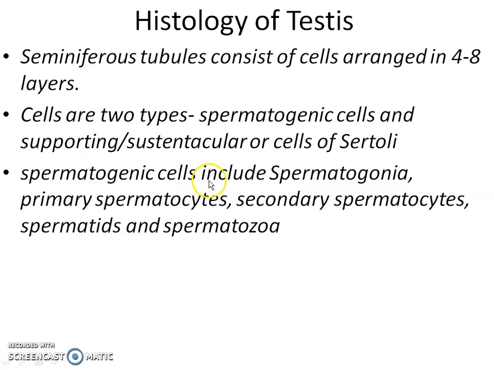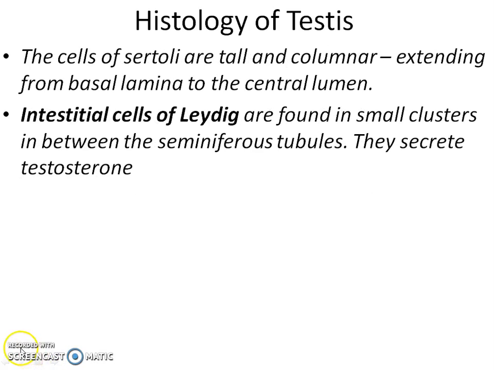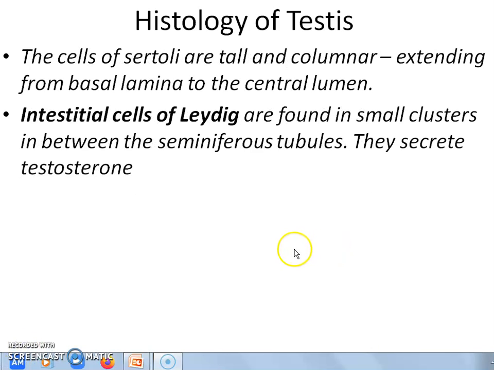The spermatogenic cells include spermatogonia, primary spermatocytes, secondary spermatocytes, spermatids, and spermatozoa. The cells of Sertoli are tall and columnar cells extending from the basal lamina to the central lumen. There are interstitial cells of Leydig which are found in small clusters in between the seminiferous tubules, and they secrete testosterone.